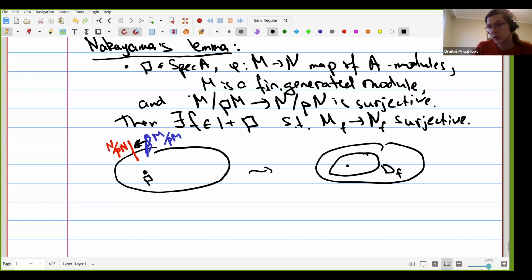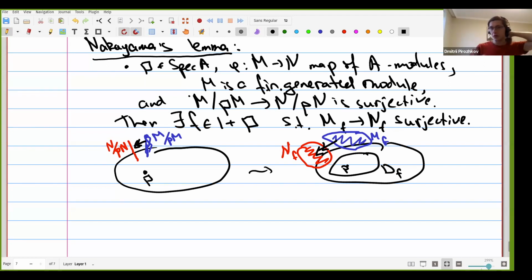Note that D(f) will contain P because f does not lie in P. Such that if you look at the corresponding modules over this thing, this will be M_f and this will be N_f, the map between them will also be surjective.